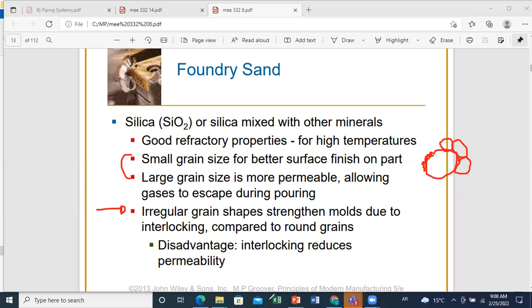So in general, we try to have a combination of all of these features if possible, not just small grain size, or just large grain size, or just interlocking grains. Sometimes, depending on the geometry we want to create, we create several zones characterized by different grain sizes.